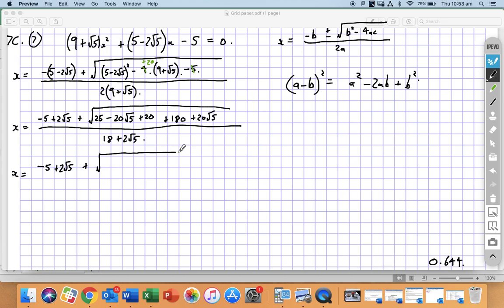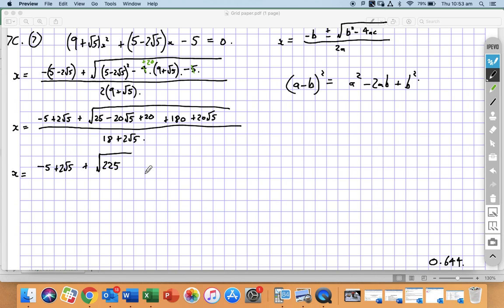That's nice because it's 15 squared. Let me check this. Yep, it's 225. And then I've got minus 20 root 5 plus 20 root 5, which just equals 0. So that tidied up very nicely.